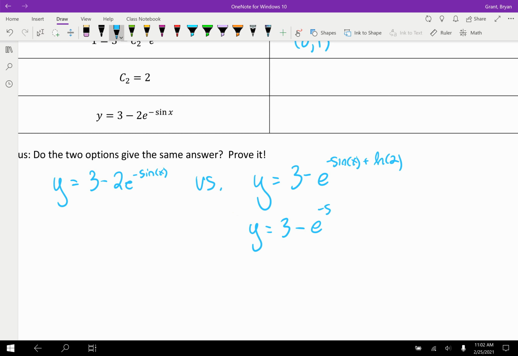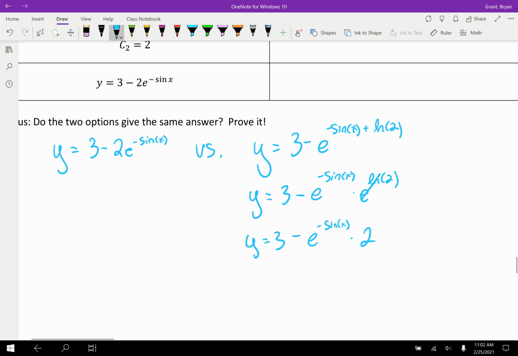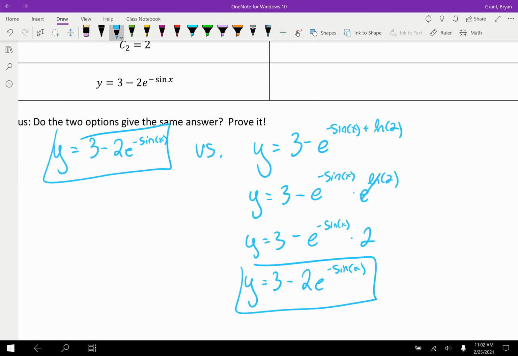Where we say it's e to the negative sine of x times e to the natural log of 2. And then e to the negative sine of x. E and natural log undo each other and drops the 2. And now we can see that it's 3 minus 2e to the negative sine of x. Same answer, just done in two different ways.